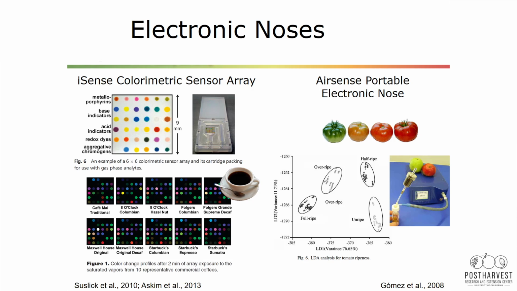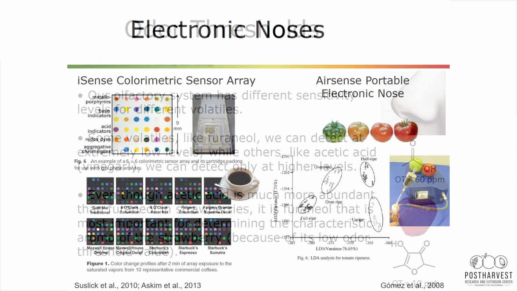Each color dot will change color as it binds a volatile. For example, it was able to distinguish between different brands of coffee. These technologies can be really helpful, but again, they're not out-of-the-box, ready to go. They have to be trained. They have to have specific algorithms for you to be using in a particular commodity.